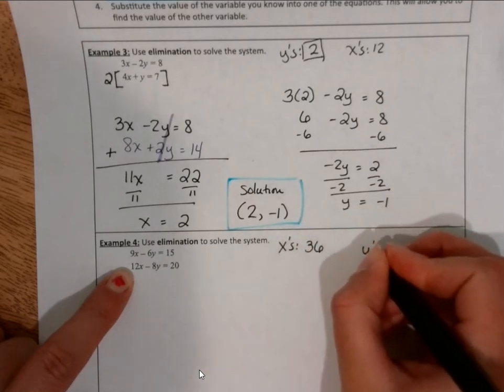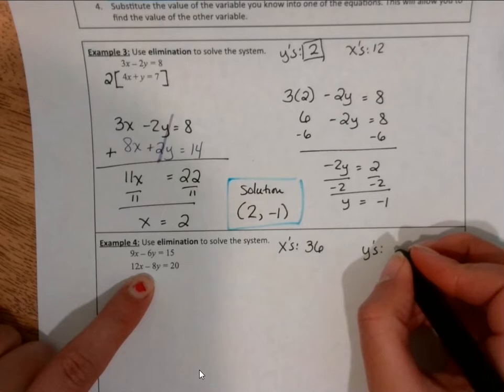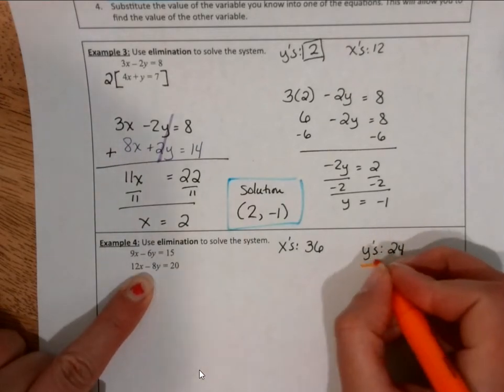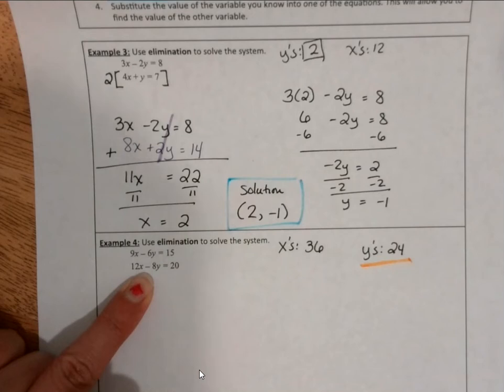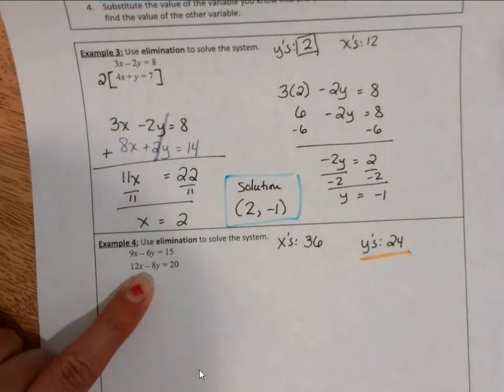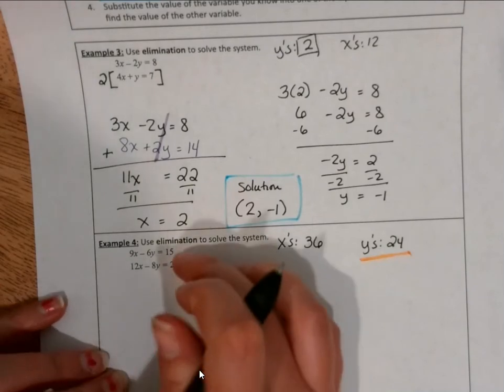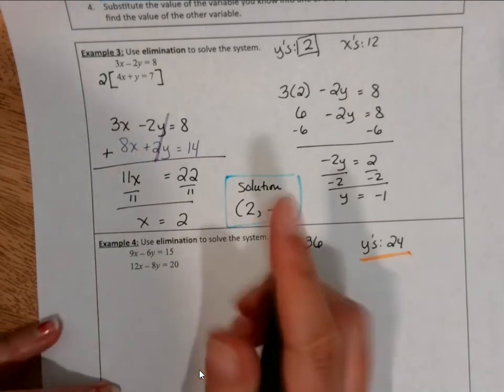And for the y's, between 6 and 8, it's going to be 24. So this time, just because it's a smaller number, it makes things a little easier. We're going to go with the y's. We're going to eliminate the y's. Again, I guess we did it last time too, just by coincidence, because they have the smaller least common multiple. Now, this time I do need to multiply both equations by something.